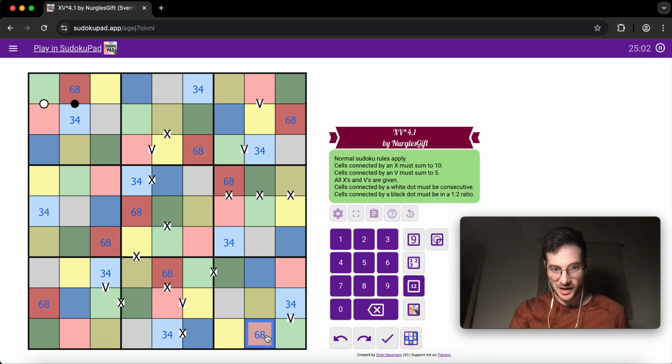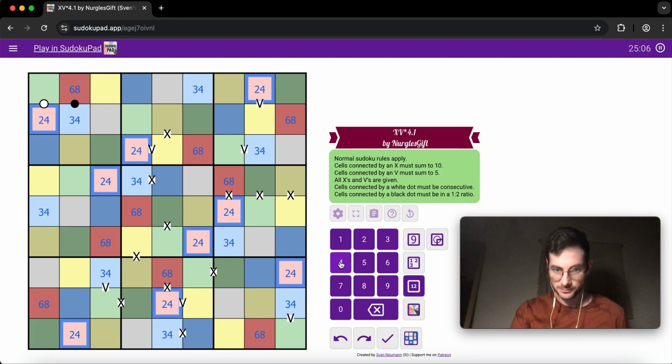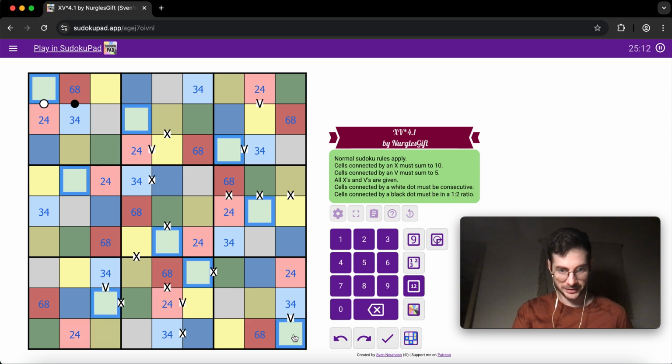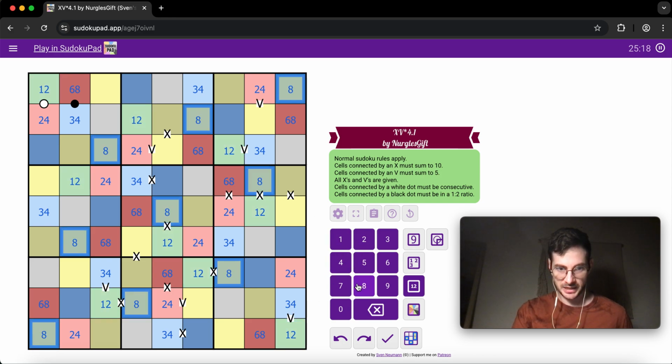This does tell us that the light red must be either a 2 or a 4, so that it can add up to 10. We also know that our light green must be either a 1 or a 2, and therefore our dark green must be an 8 or a 9.